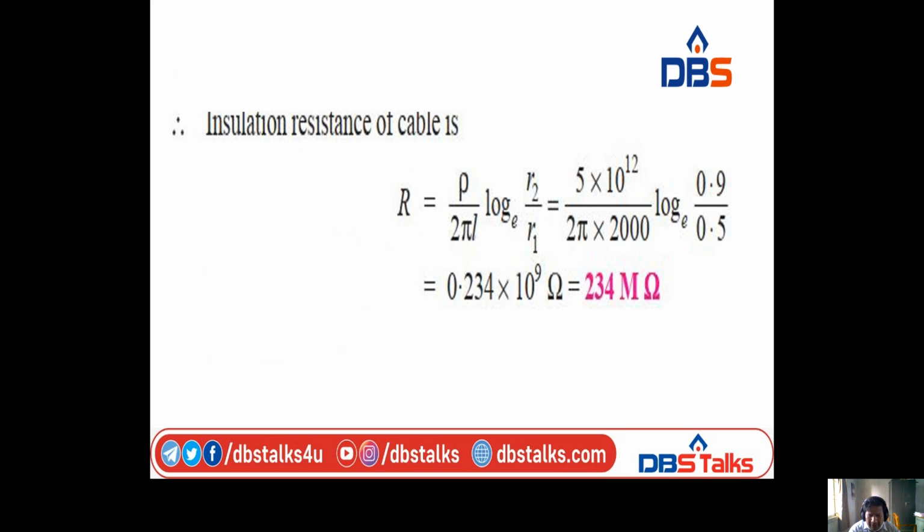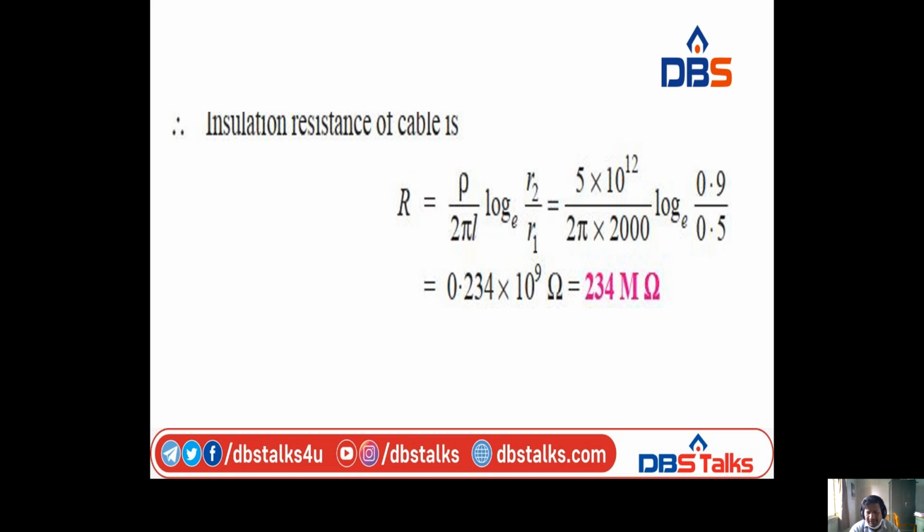Now we know the empirical formula for insulation resistance of a cable, already derived in the last class. Insulation resistance of a cable R is equal to rho by 2 pi L log base e R2 by R1.